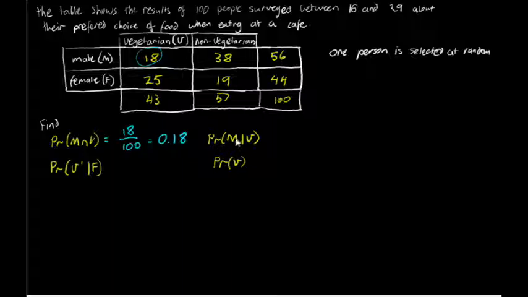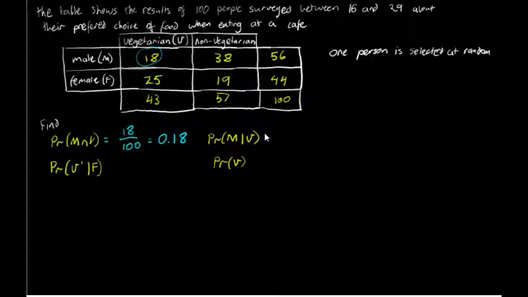The next one we're looking at is a male given that it's vegetarian. What's the probability we have a male given that they enjoy vegetarian meals? Since we know that it's vegetarian, we're just looking at this column here.